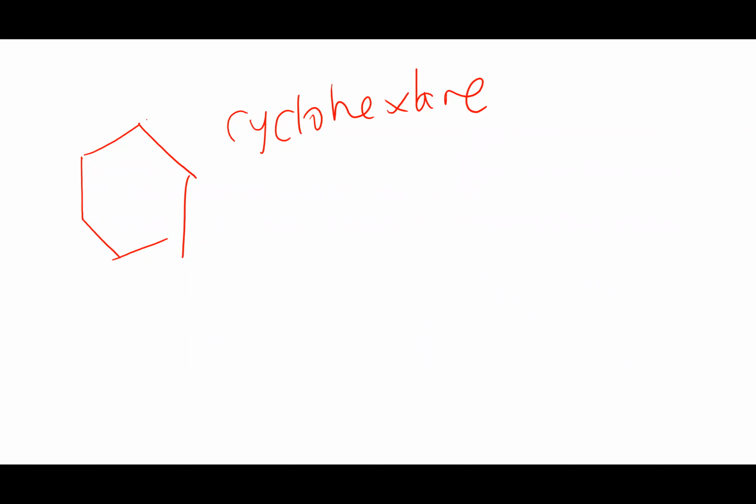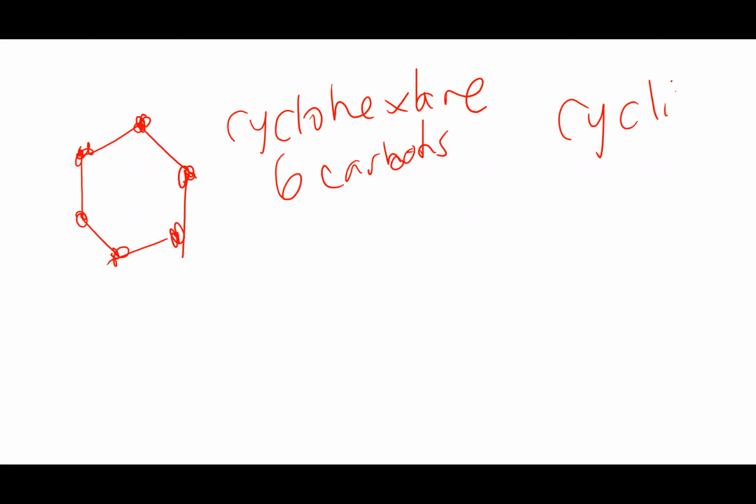It's cyclohexane because I have 1, 2, 3, 4, 5, 6 carbons. So this is not a benzene ring. This is what we would call a cyclic or circular compound.